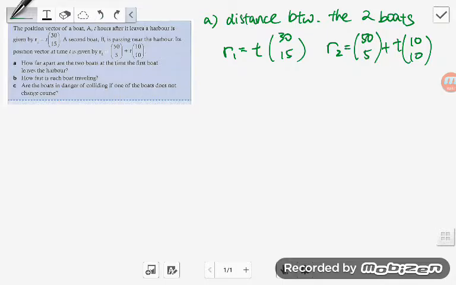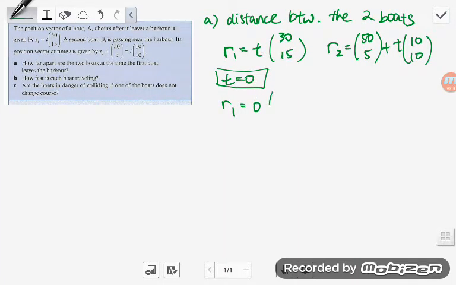So part A, at the time the first boat leaves the harbor, which means when the first boat is about to leave, your time is equal to 0. So my R1 would be 0, because my t becomes 0, multiplied by 30. Then my R1 gives me 0.